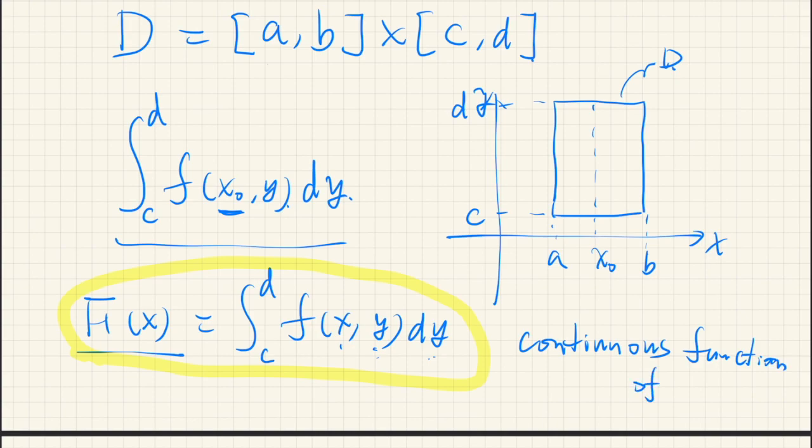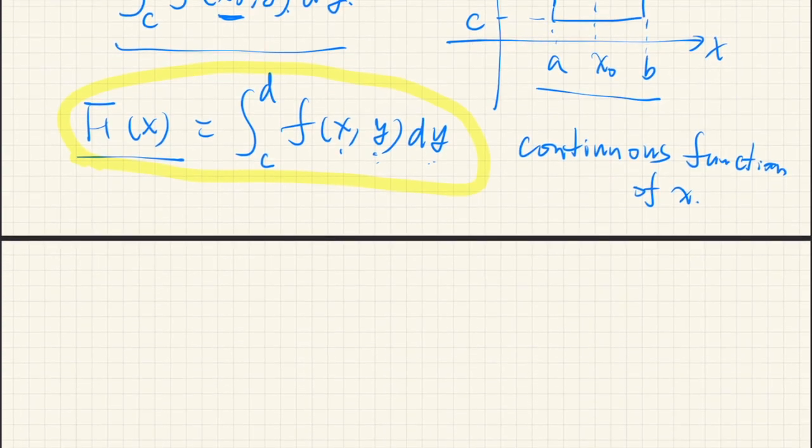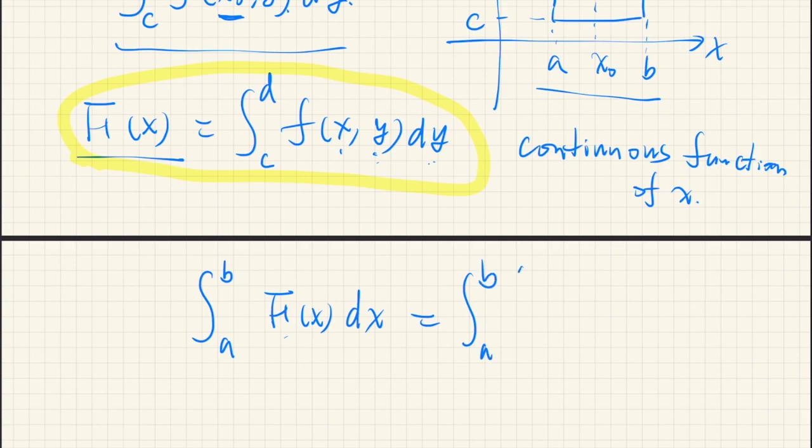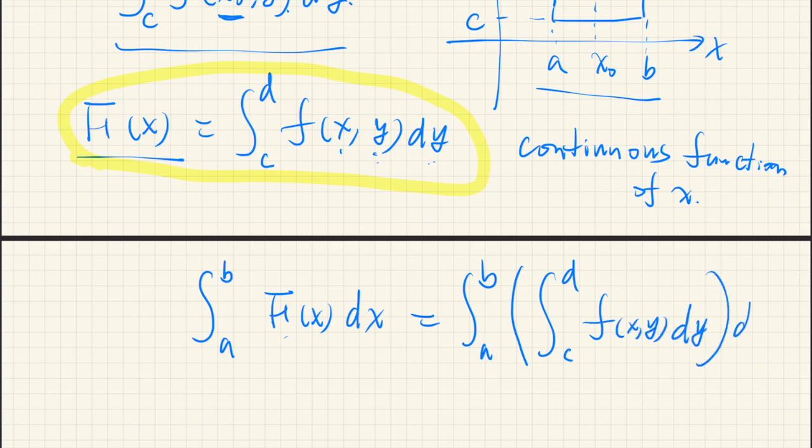A continuous function of x on this interval, of course. So since this is a continuous function, we can integrate it over this closed interval between a and b. By substituting the definition of this uppercase F, this becomes the integral from a to b of the integral from c to d of f of x and y dy, dx.